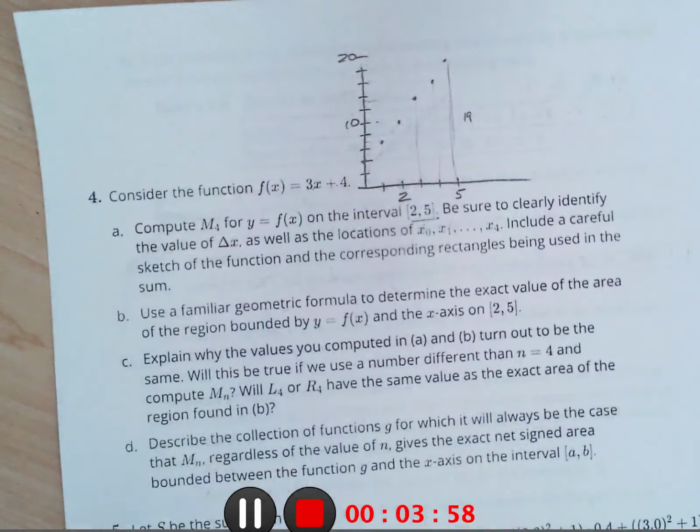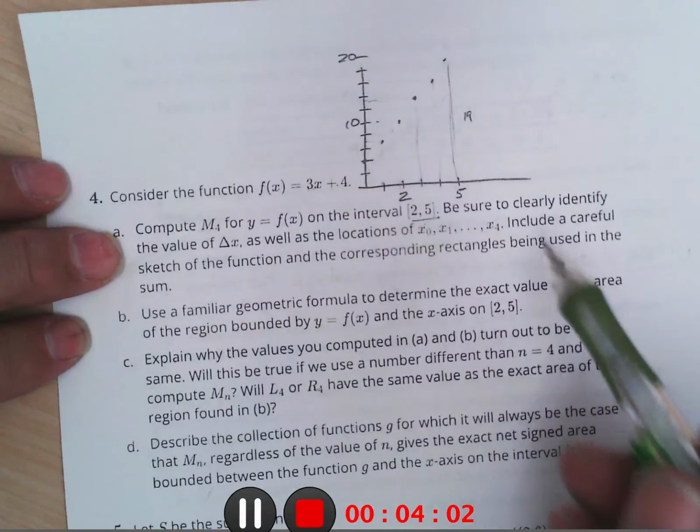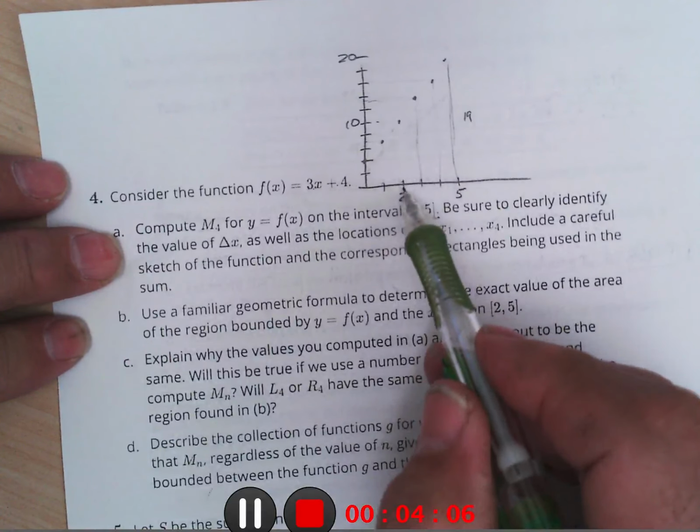Okay? And it says do M4 between 2, oh, this is the line.